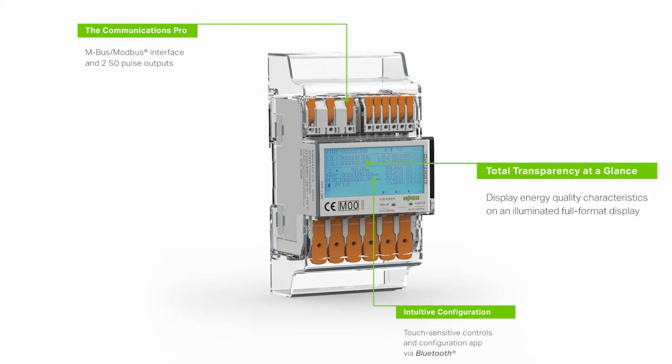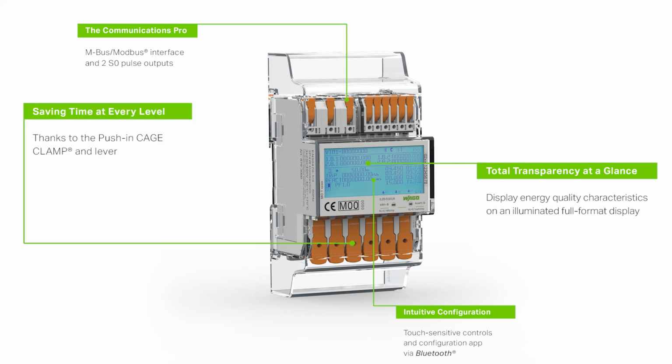The next one is the big display in the middle. Here you can see all relevant metrics from the supply network. One of the biggest advantages WAGO stands for is the connection technology. Here we have an integrated push-in cage clamp technology with a lever.